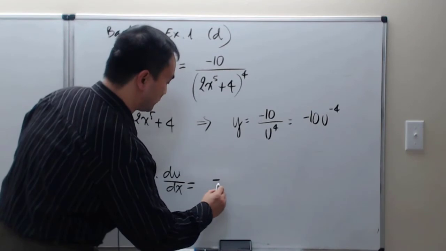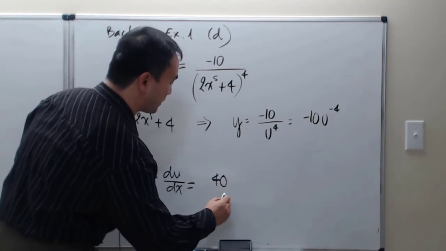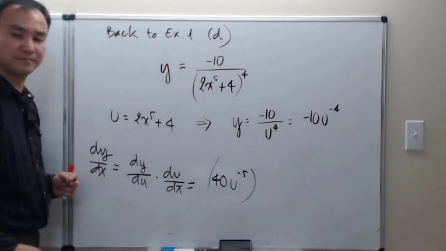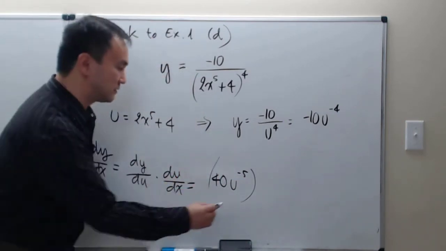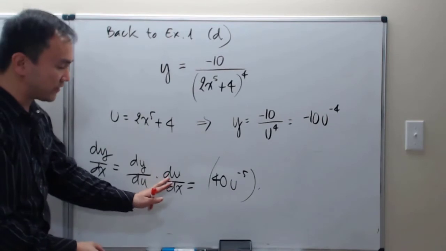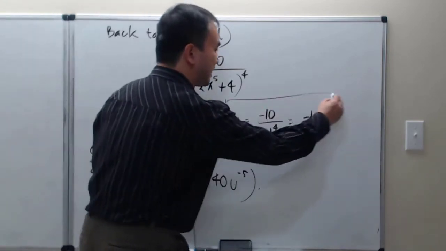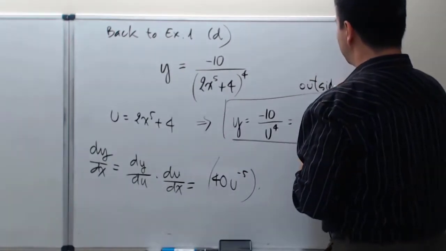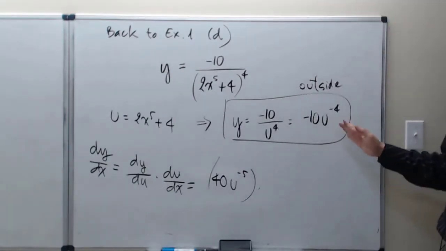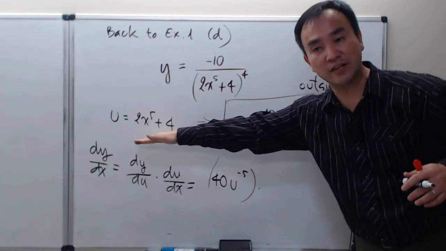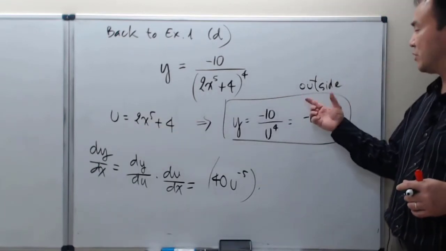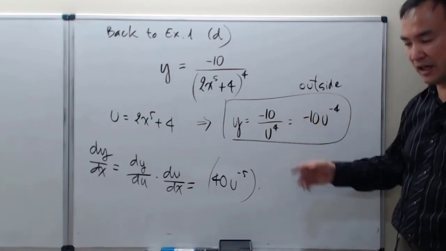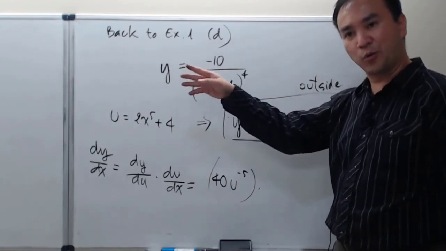It altogether becomes positive 40 u to the negative 5. And then we multiply with the derivative of the inside. Deciding your outside function comes straight out from how you decide your inside, and then just make sure that your outside has completely no x variable left. All the x variable got washed away.